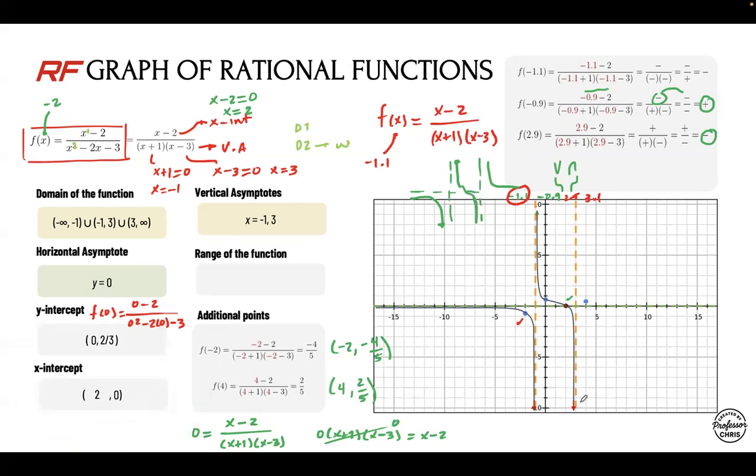So in this case, if this one is already facing the negative direction, we expect this one to be positive. If we substitute a value into the equation, meaning 3.1, the answer should be positive, and that means the graph is going to move in the positive direction. So this is the quick and fast version of this topic.